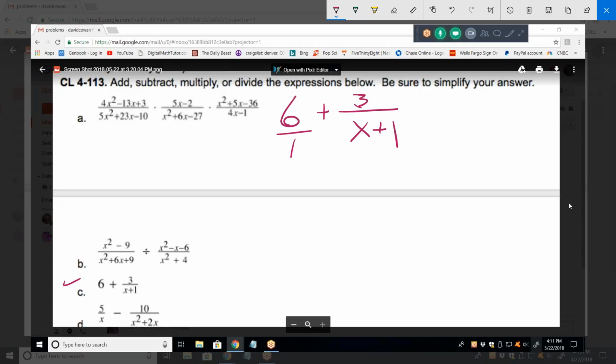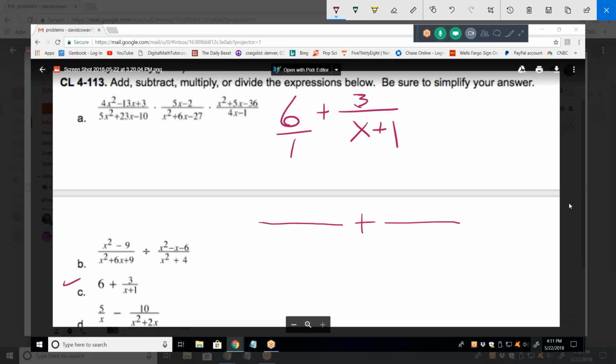How do you add fractions? You just add the numerators and the denominators? No, that's how you multiply fractions. To add fractions, you have to find a common denominator, and then you just add the numerators.